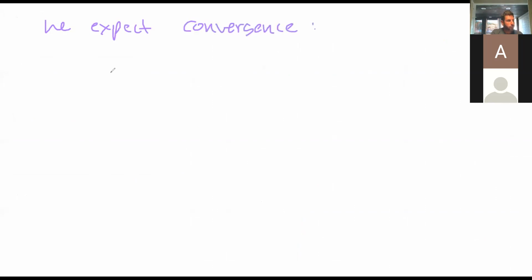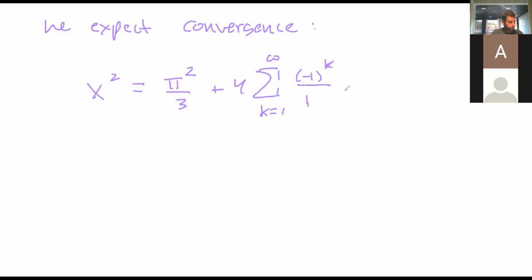And that is that x squared is actually equal to pi squared over 3 plus 4 times the series that goes, k goes from 1 to infinity of -1 to the power k over k squared, and then the cosine of kx. And just as I said, there is a theorem that tells us this is true. We're just not going to prove it.